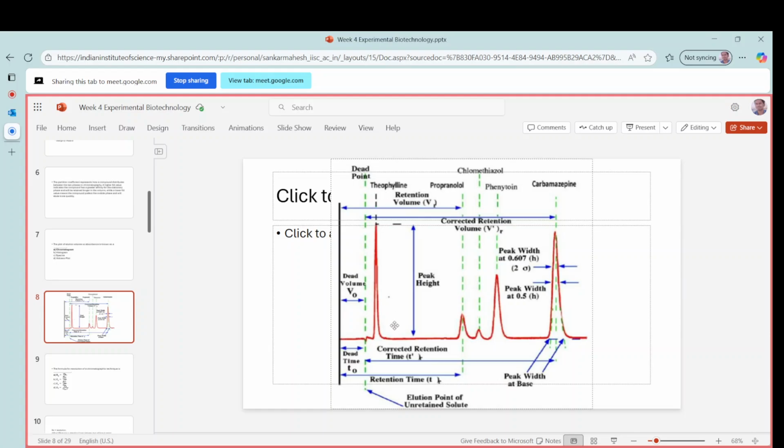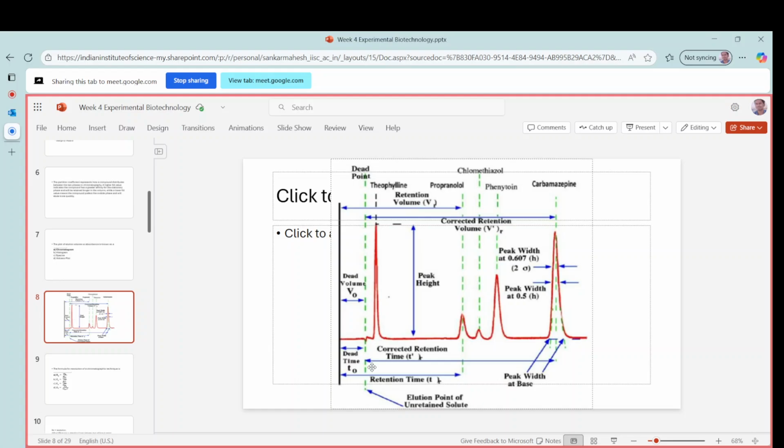If you see a peak, it means something has come out of your column. Now, the thinner the peak, the lesser your compound has eluted. And if you see multiple peaks, there are multiple species coming out. Usually these peaks are uniformly distributed, like Gaussian curves.